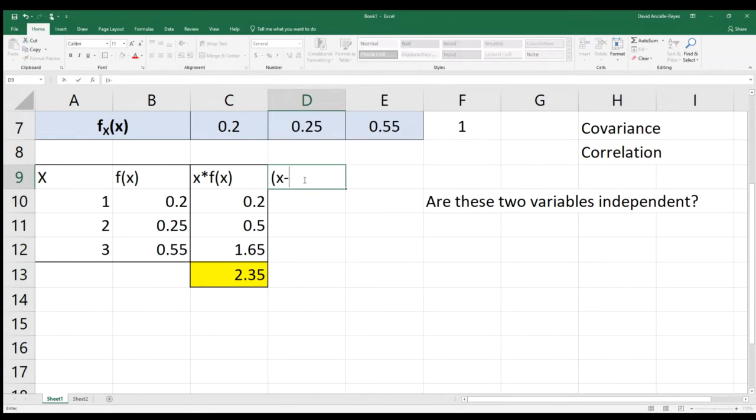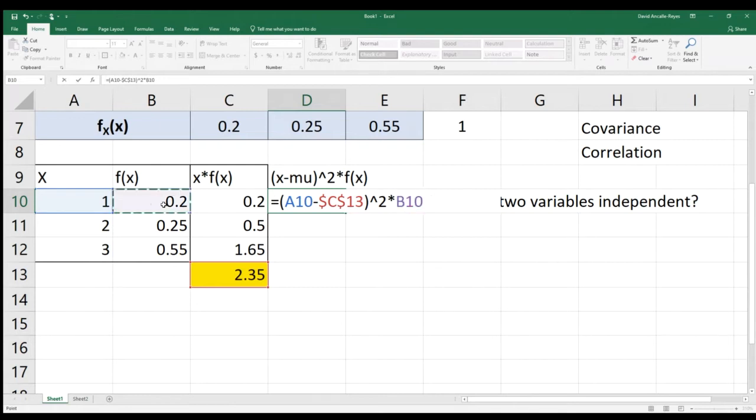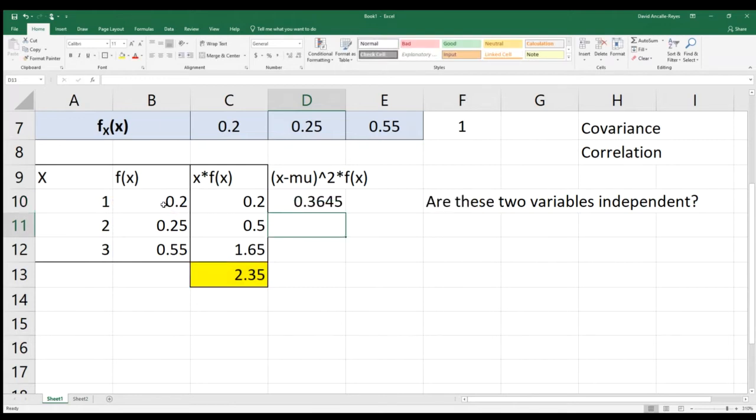So x minus my mean, squared, and then multiply it by the marginal probability.